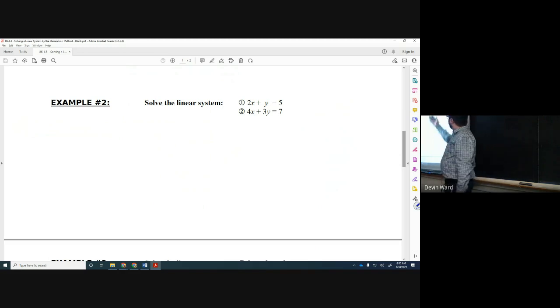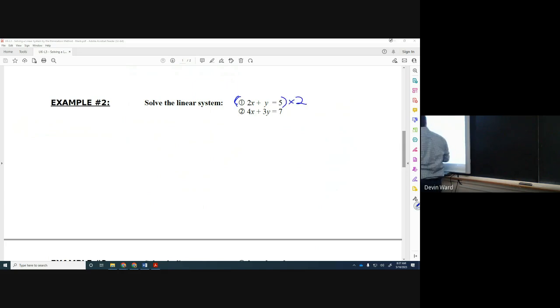I need the same number on either my x's or my y's. So I'm going to take equation 1 and multiply it by 2, because when I do that, I multiply the 2 by every term inside the bracket.